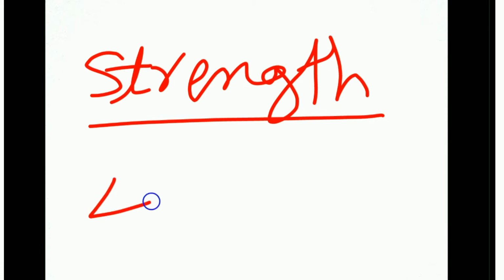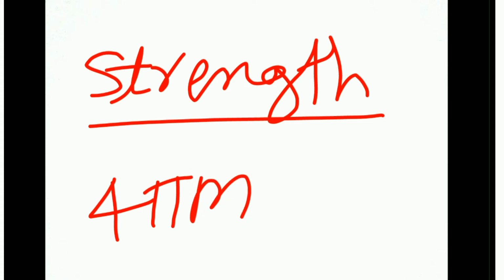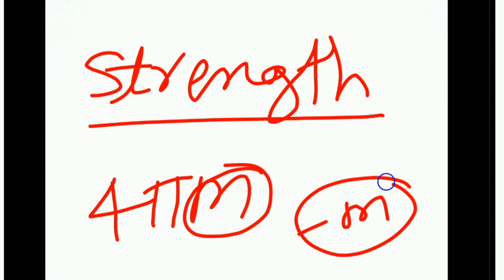And thus, this 4 pi m is the total volume of flow across any small circle surrounding the source. This m is called the strength of the source, and sink is the source of strength minus m. This is the definition of strength.